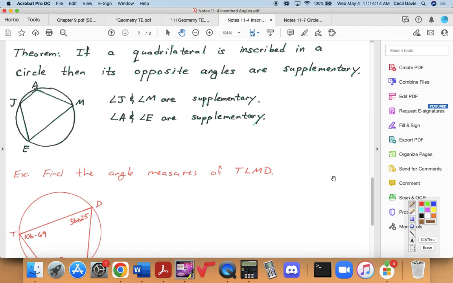Why is that? Again, you don't need to draw this, but watch for just a moment. If I follow angle J, it hits the circle there at A and at E, right? So its intercepted arc is from A all the way around to E, right? If I follow angle M, let's use brown.